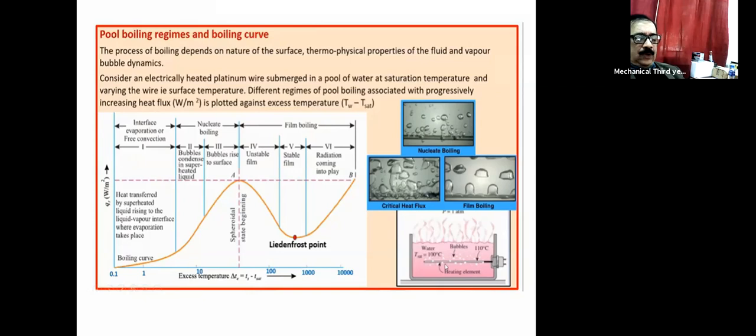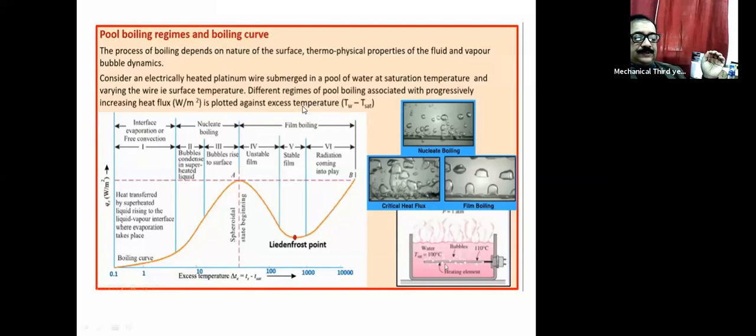with respect to the heat flux and the excess temperature, which is nothing but the actual temperature minus the saturation temperature, we'll see it in a little bit more detail now.